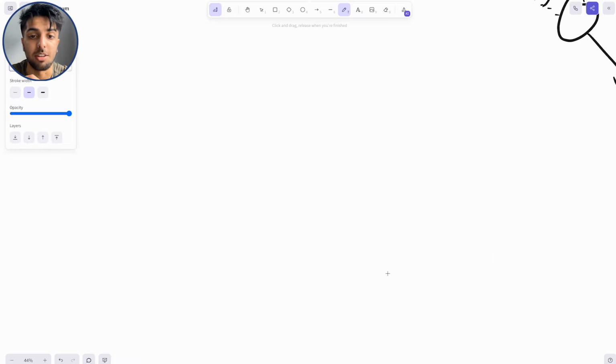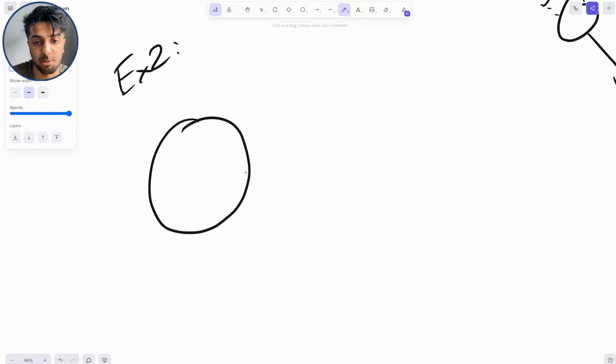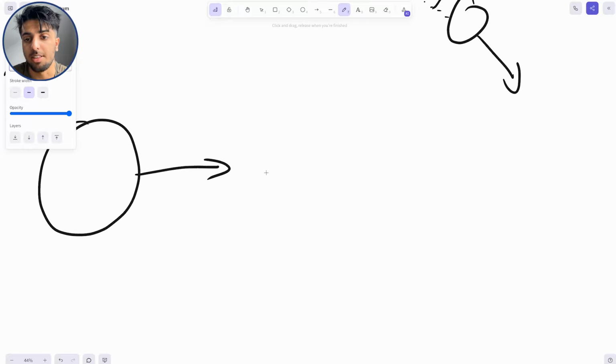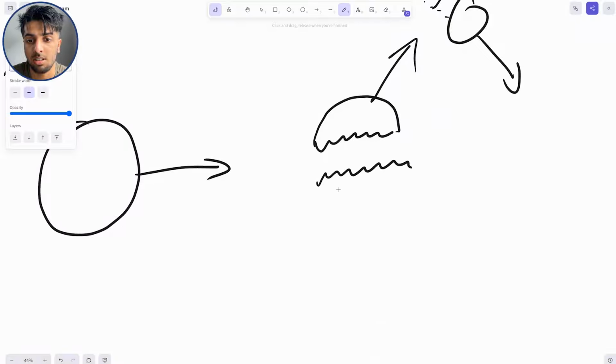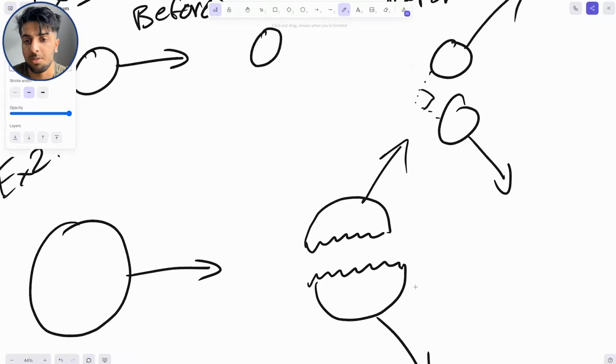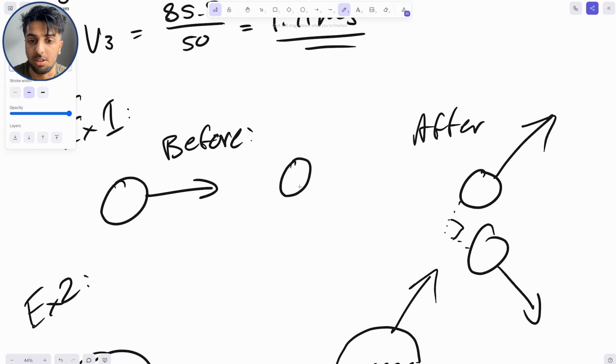We have another very similar scenario. So example 2, where we have a massive object, and then it breaks up into two small objects, one going this way, and the other going that way. So that's very similar to this whole scenario right here.